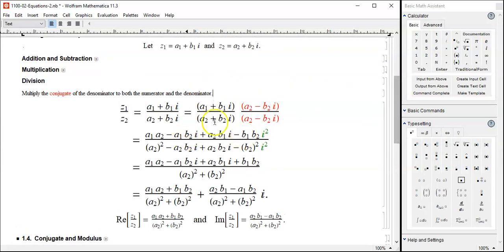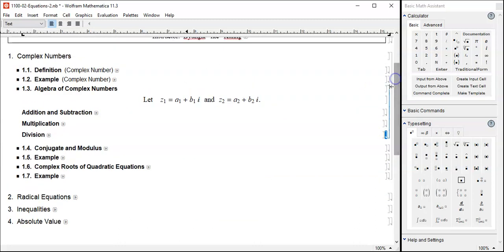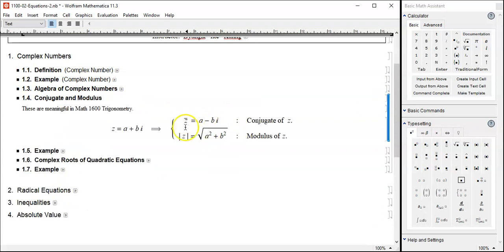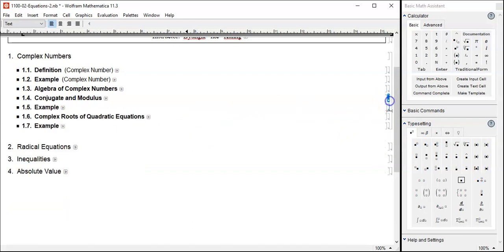So how do you get the conjugate? Just change the sign. It's easy. That's what division is. And what do you mean by conjugate? Yes, those jargons are here, but we're not going to use these very often in this course. So let's just move on to an example.